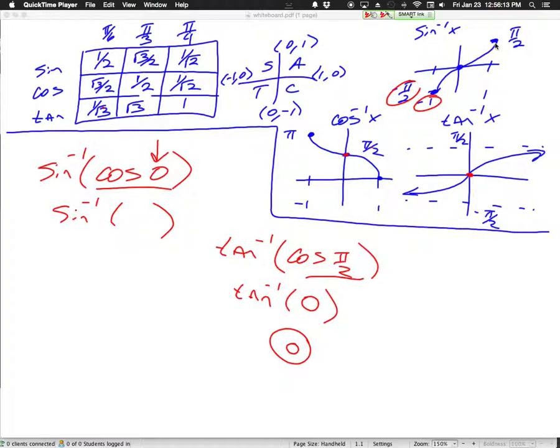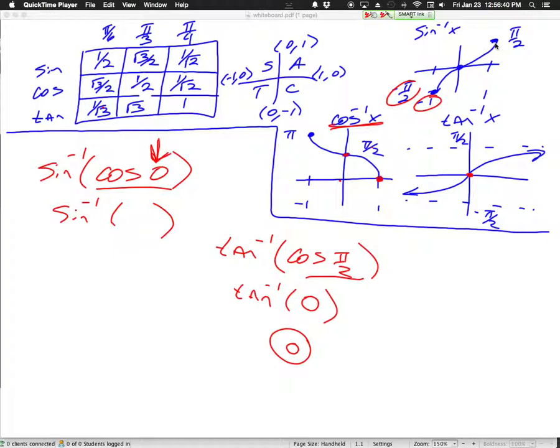So I should be getting what out? If I'm putting an angle in, what should I be getting out? A number. And you guys are putting an angle in and getting an angle out, which is no good. So you guys are looking at 0 right here when you should be looking at 0 right there.